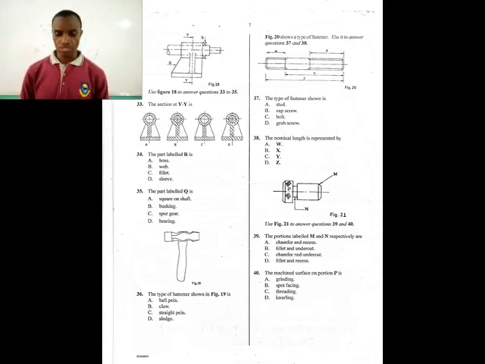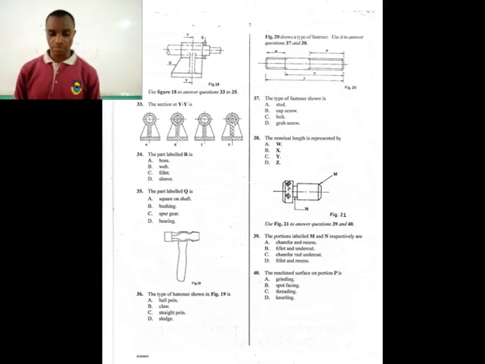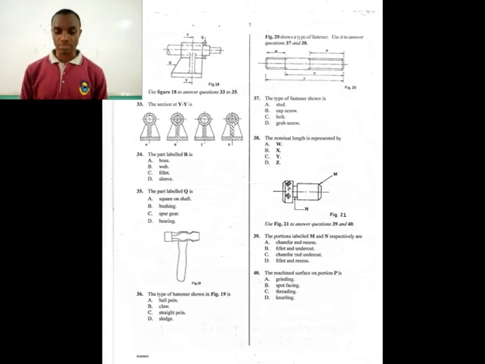The reason is that if you compare the four options with the drawing given, there's a shaft that enters inside, supported by a bearing labeled Q. This is a mounting that helps to hold the shaft. A and B indicate a shaft that passes through the hole.